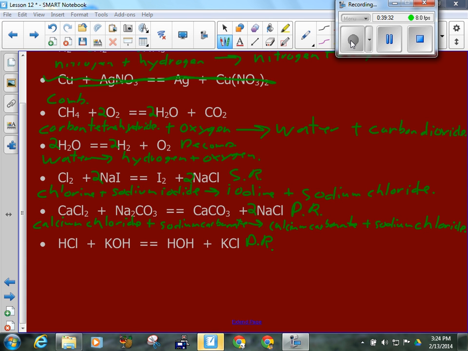So I need to put a 2 here. That gives me 2 chlorines, and there's 2 chlorines over here. So that's balanced now. Now I can look at calcium. There's 1 calcium, so that's balanced. 1 carbonate and 1 carbonate. So now it's all balanced. All I had to do is add a 2 to that.